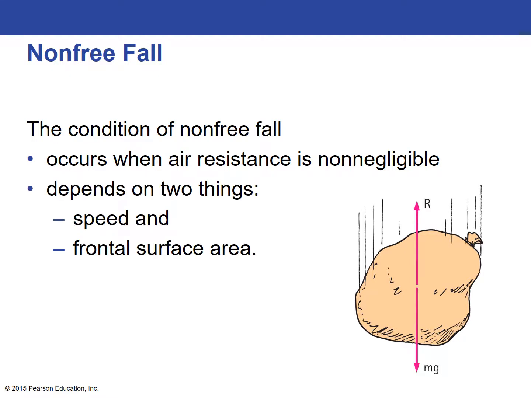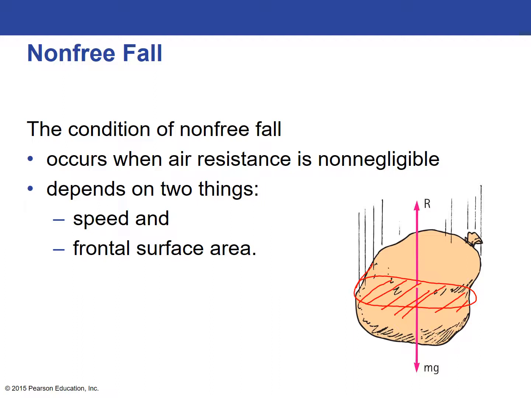What determines whether or not we can ignore air resistance is a couple of things. One of them is the cross-section of the object that is falling. If you look straight up at an object, if you're directly underneath a falling object, and from that point of view look at the surface area, that's the total area that the object is pushing against the air.